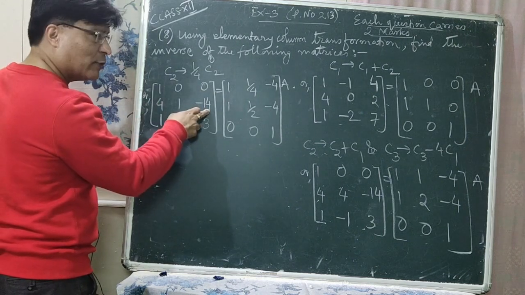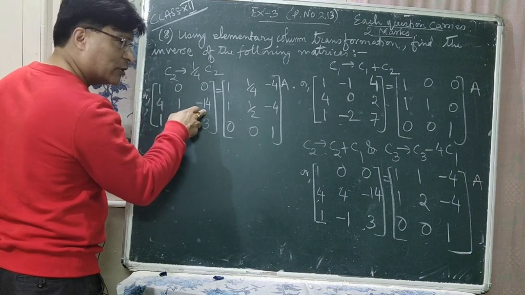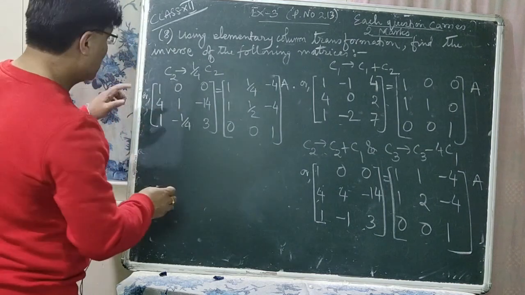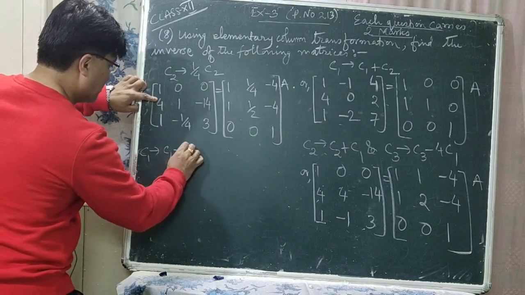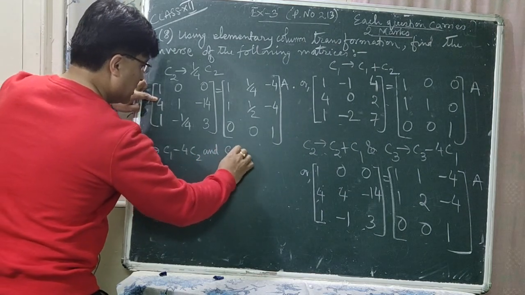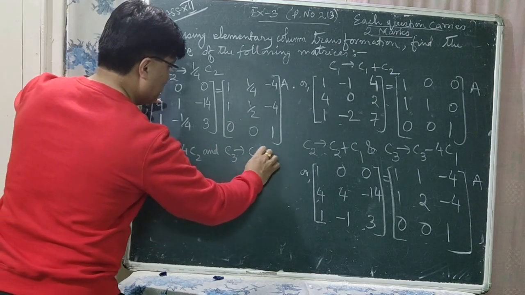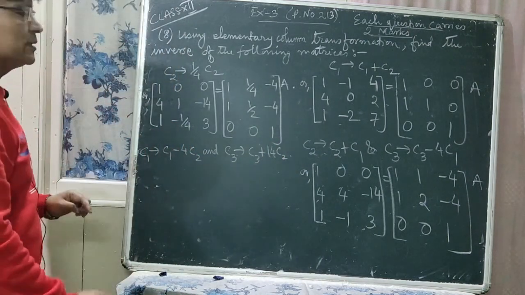How can you make this minus 14 zero? You multiply 1 by 14 and it should be added to column 3 so that this minus 14 will be 0. So here the property will be C1 arrow C1 minus 4C2 and C3 arrow C3 plus 14C2. Is that clear?